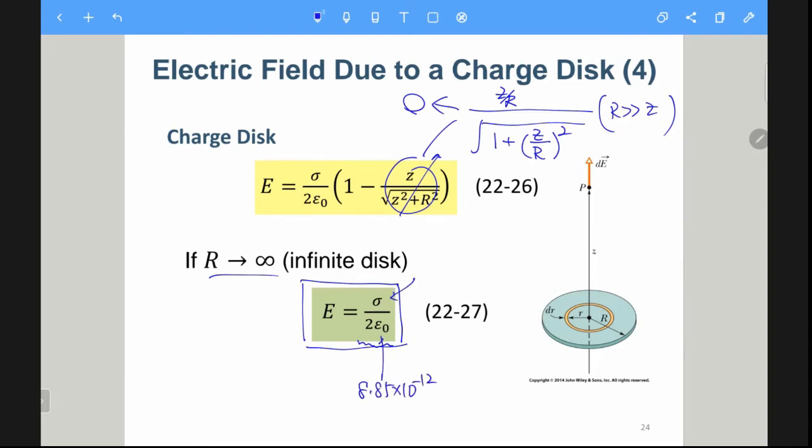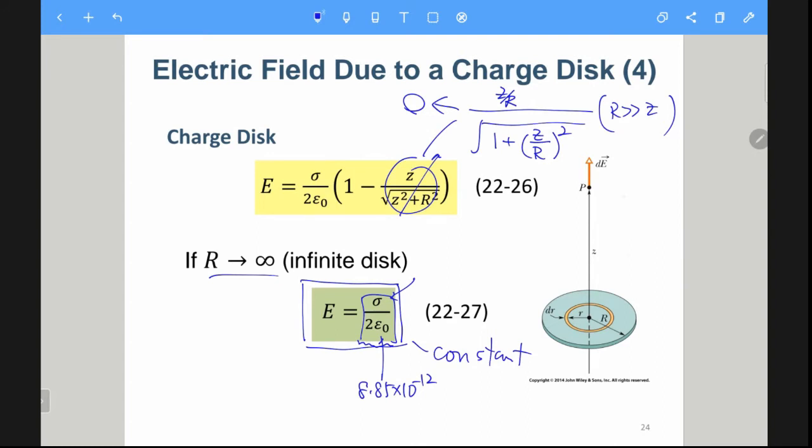This is sigma. We assume the charge density is uniform over the whole disk. So this is nothing but a constant. This is very important. So here we let you know if we have an infinitely large charged plate, it generates a uniform E field over the whole space.